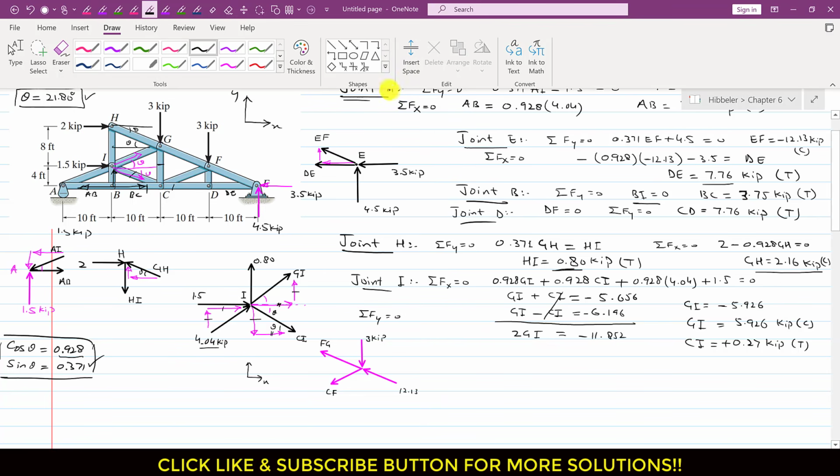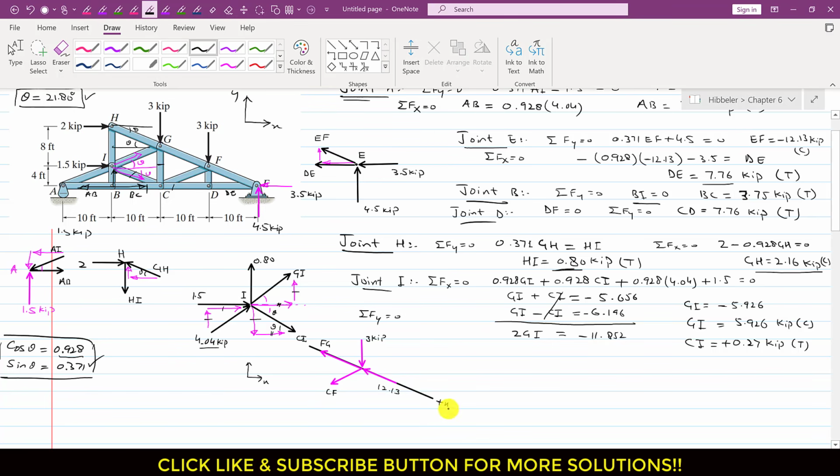To avoid solving simultaneous equations, what I will do now is consider the axes at another orientation. Let's say this is our positive x, and we are assuming that our x-axis is along this FG member and this EF member. This is the EF member force, and this is the FG.